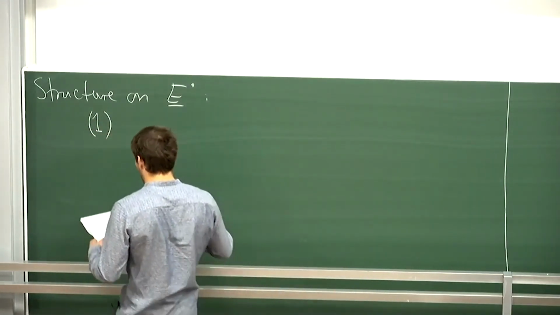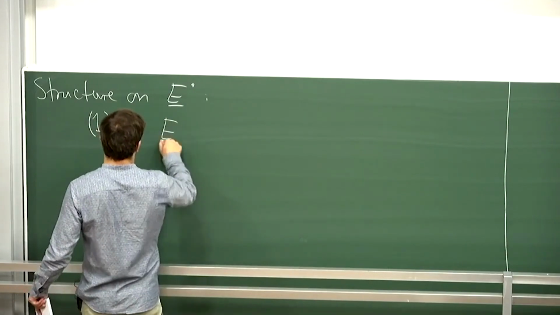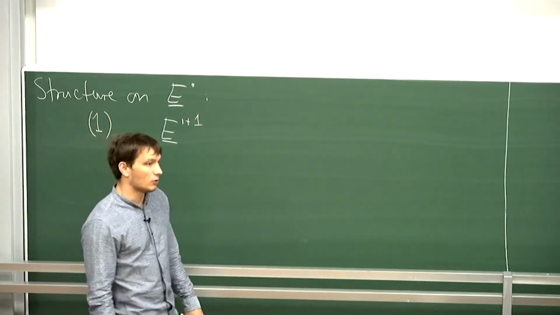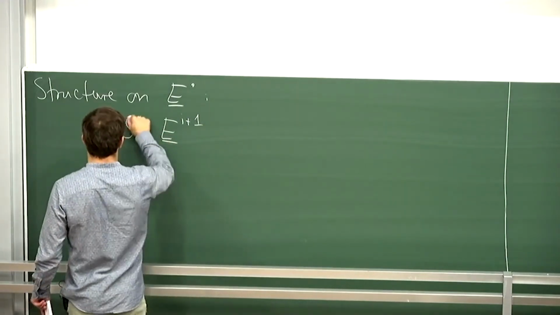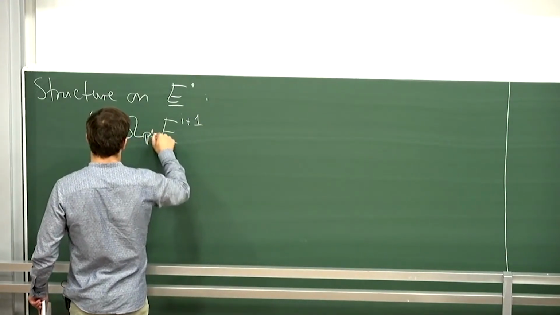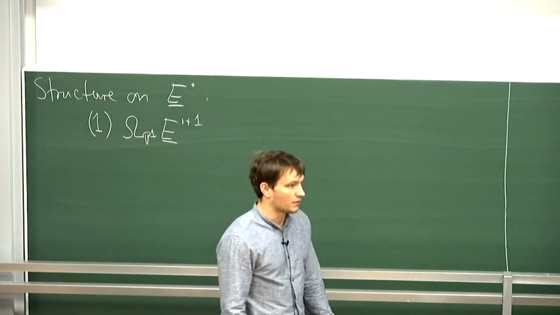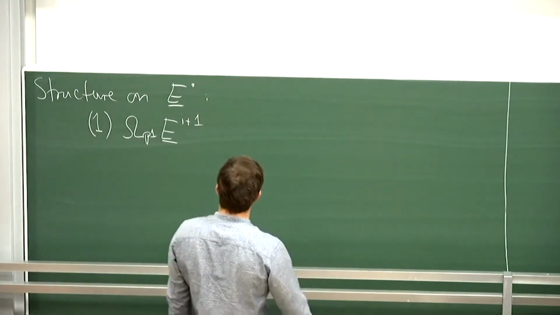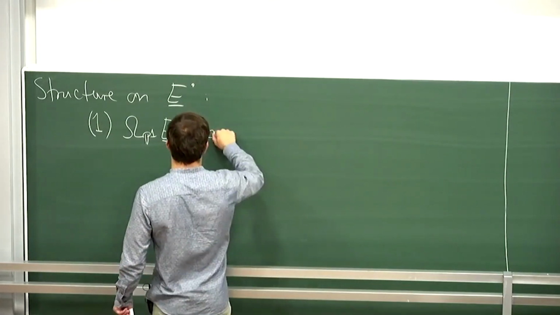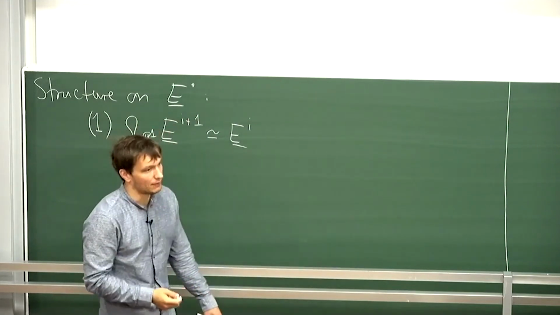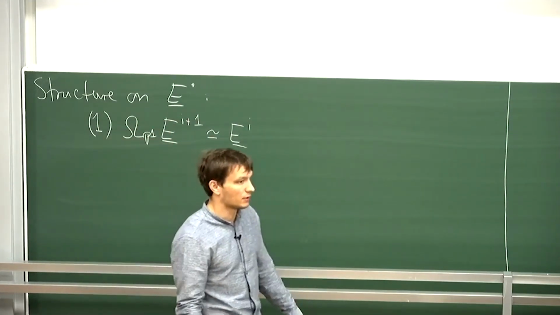So what this means is that if I take this E underline bullet in degree i plus 1, and you take the P1 loops of that, okay, that's an operation which I can do with any presheaf of spectra, then one is given an equivalence of this guy with the thing in degree i. Okay, so that's some extra data, which I have not explained where it comes from, but one can construct it.